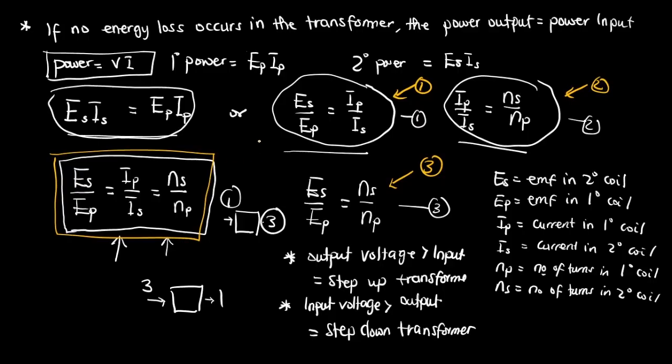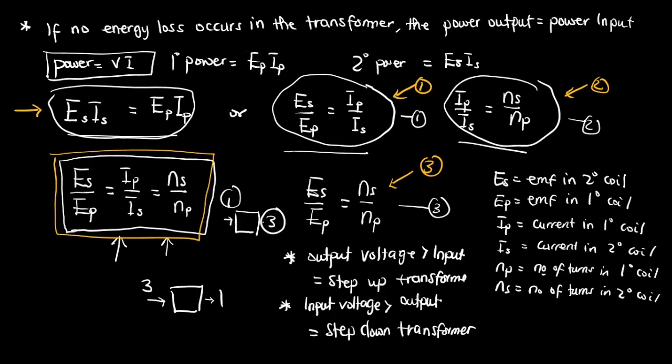Once you know all this, you don't have any problem, right? So now we've looked at what a transformer is. We looked at the components, what makes up a transformer. We also looked at some deductions. From the deductions, we're able to establish some of these formulas that we'll be using in our calculation.